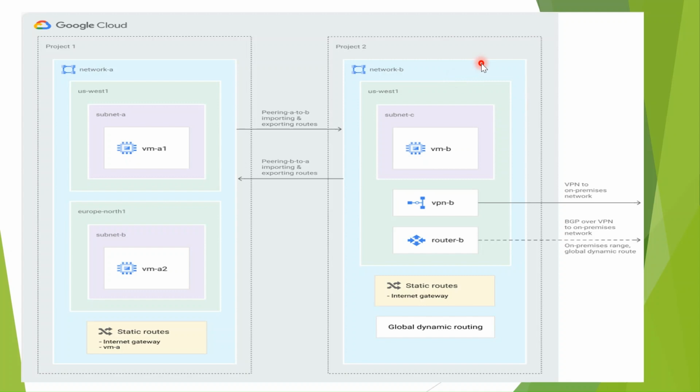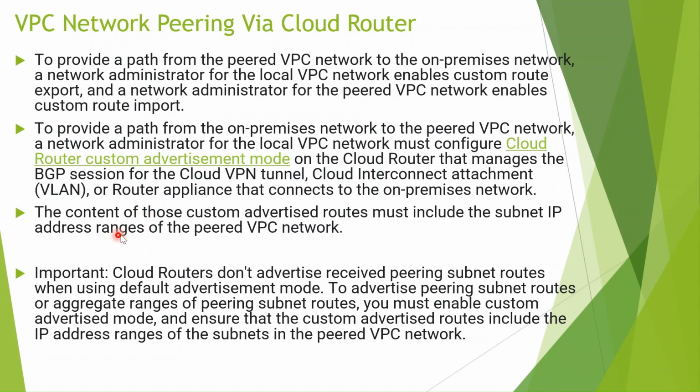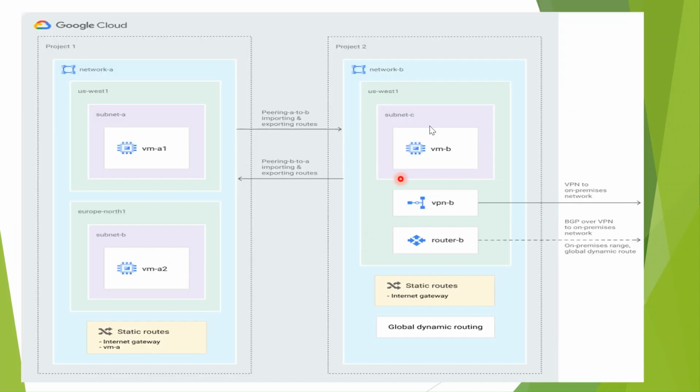Custom means routes which are not present, or specific routes you want to share with the on-prem. You go to the configuration and enable that. I will show you on the console, it will be easier to understand. The content of those custom advertised routes must include the subnet IP ranges of the peered subnet network. So when you enable custom routes, you just provide the IP address ranges of these subnets.